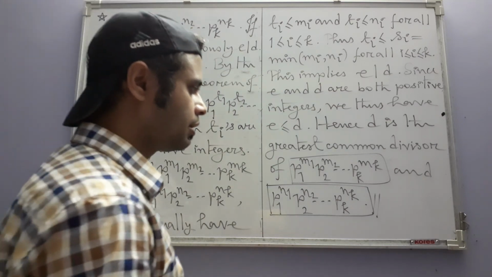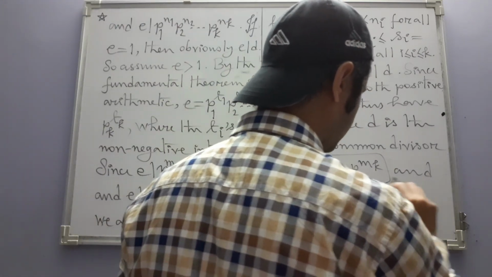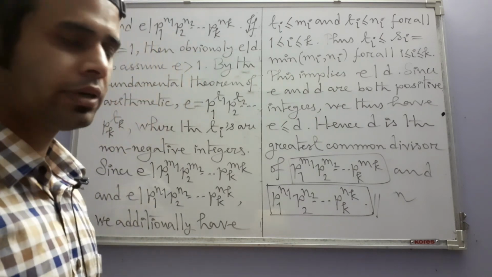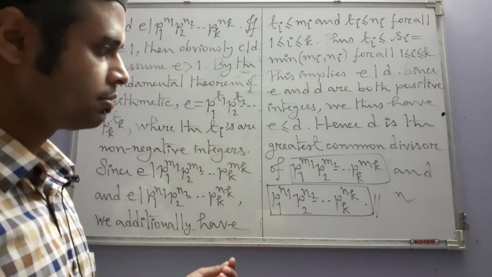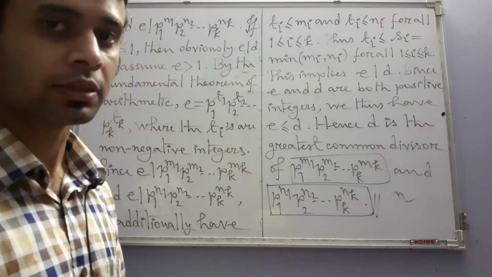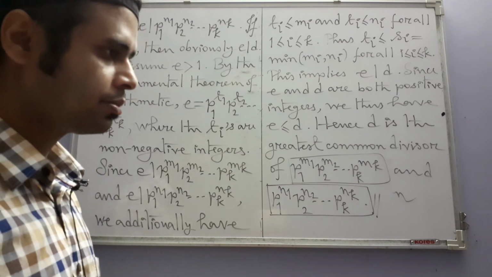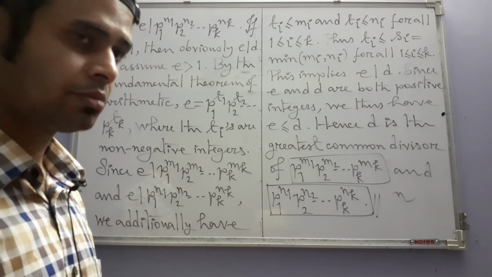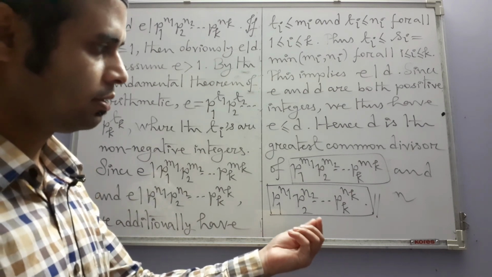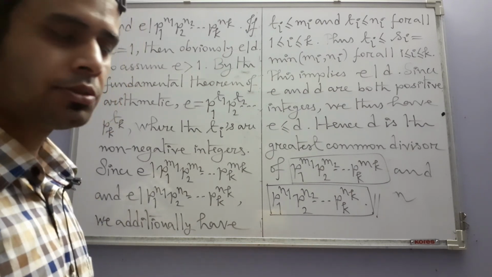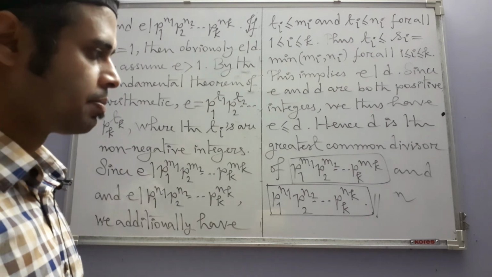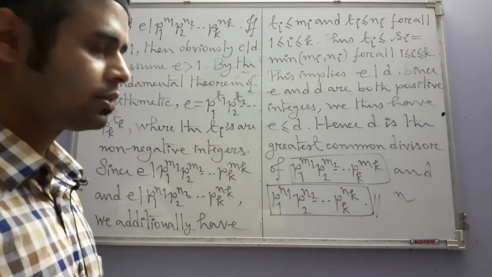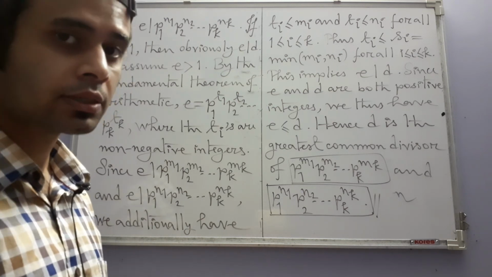If you are given any arbitrary integer n, it's in fact very difficult to find its prime factorization. Sometimes it becomes very difficult to find even one prime factor for a given integer n, because sometimes the prime factors of n themselves are extremely large.